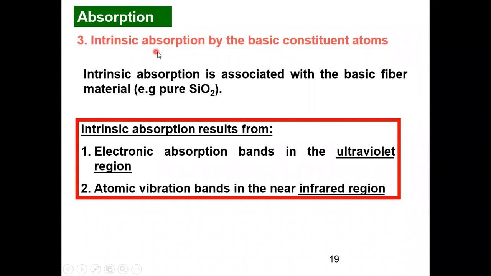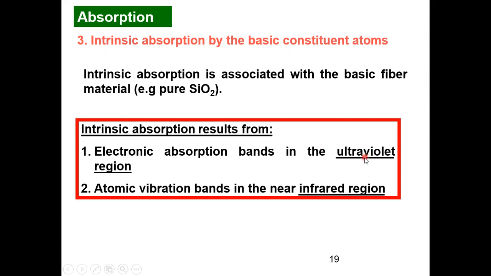Now the last category of absorption is intrinsic absorption. Intrinsic absorption is associated with the basic fiber material, that is pure silica. What is happening in intrinsic absorption is that we usually operate in the ultraviolet or the infrared region, which is what we have seen for the range of fiber optic communication.